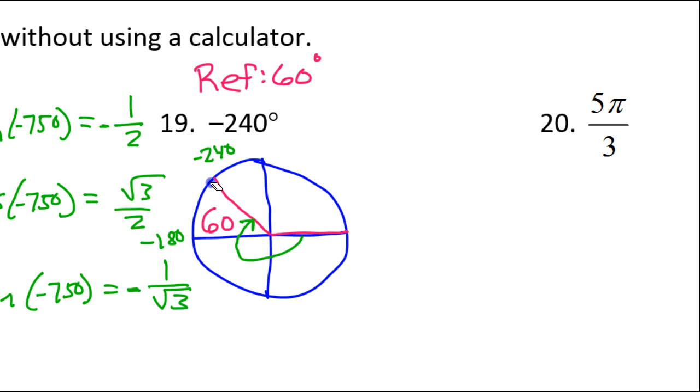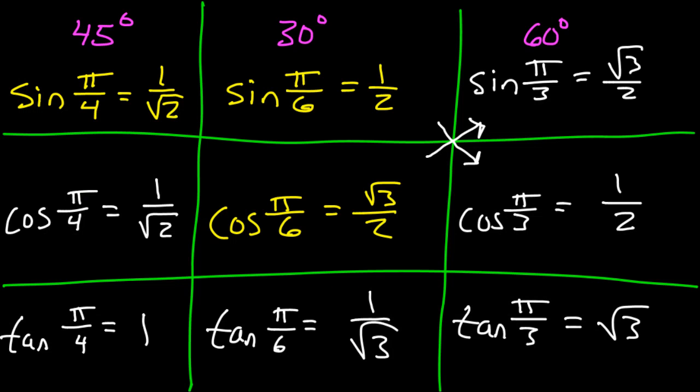Okay, and pay attention to the quadrant that we're in. So let's go ahead and do the 3 trig values. So if I want to do the sine, well, I shouldn't say the sine of 60. I'll say the sine of negative 240. But as I do it, I need to think about the reference angle.